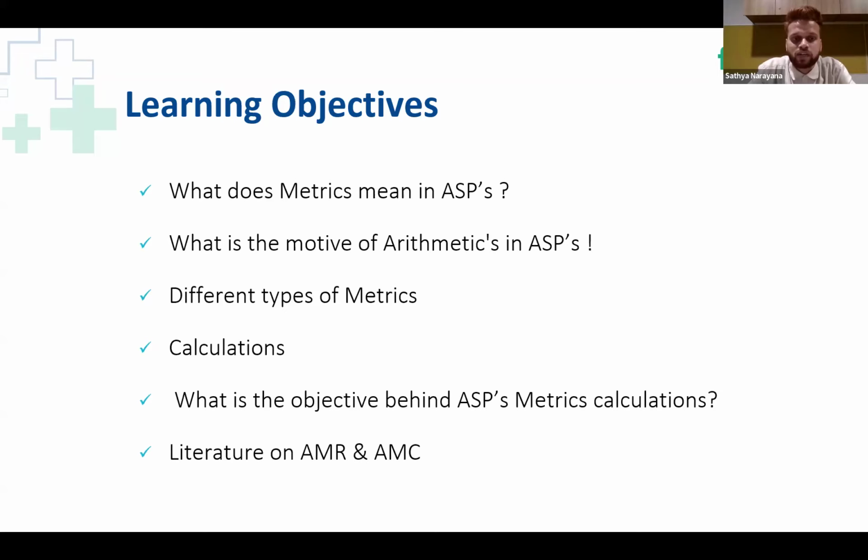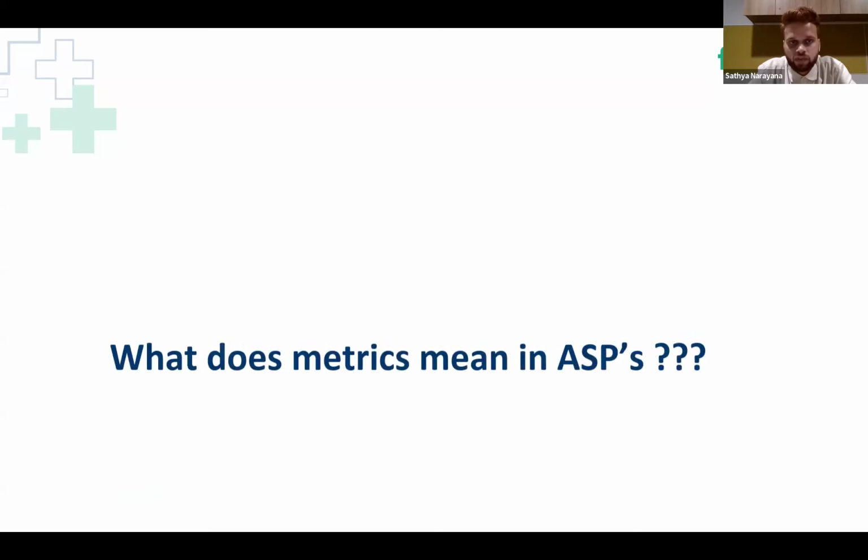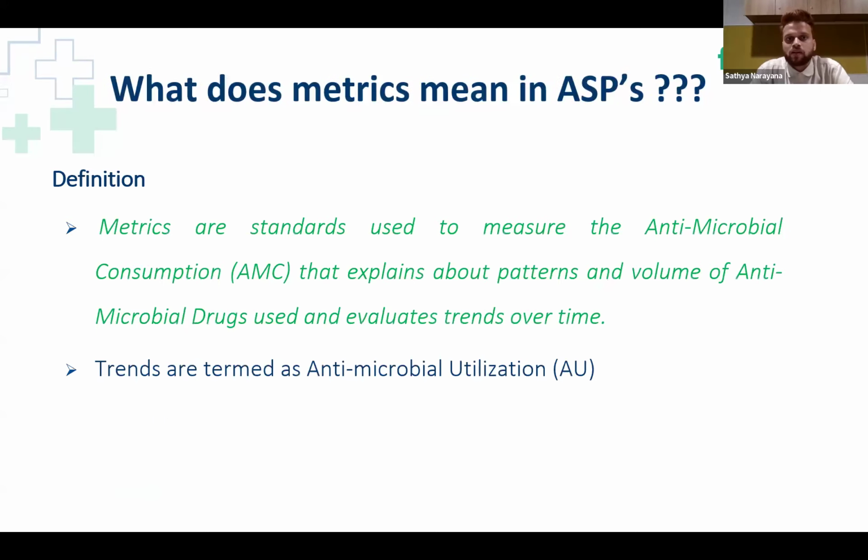And last, we'll be dealing with antimicrobial resistance and consumption literature. First, let us know what these metrics mean and why they are correlated with antimicrobial stewardship. Metrics are a quantitative measurement of something that we are trying to correlate with our work. Here we'll be dealing with antimicrobial consumption.